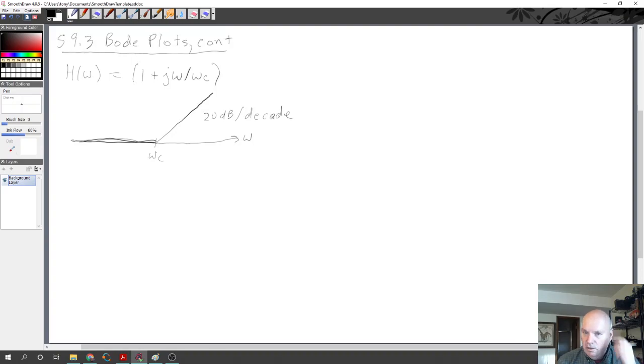Okay. And some of the examples today will show you how to combine multiple zero terms in the numerator, and then a pole term would look like this: 1 plus j omega over omega c. So the only difference now is this is in the denominator. So when we take 20 log of the magnitude of this, we'd have 20 log of 1, which is 0, minus the 20 log of this term.